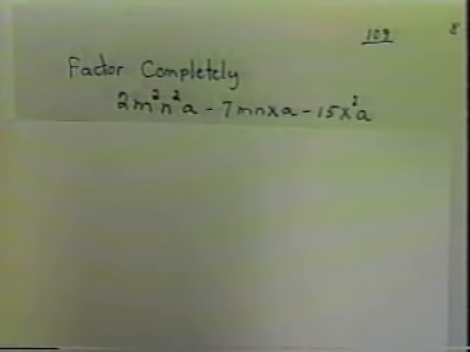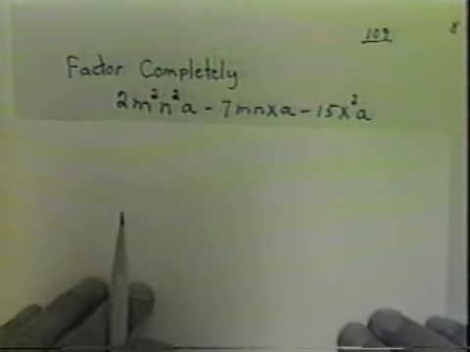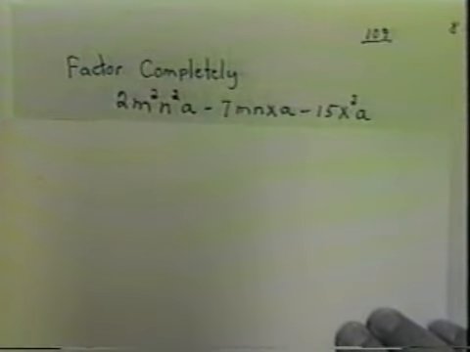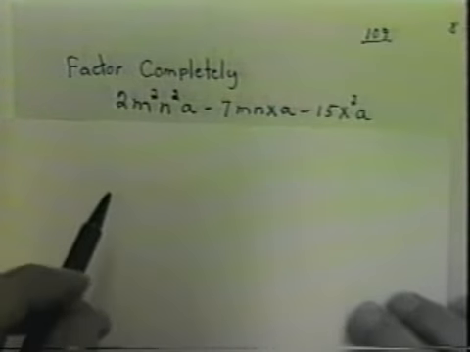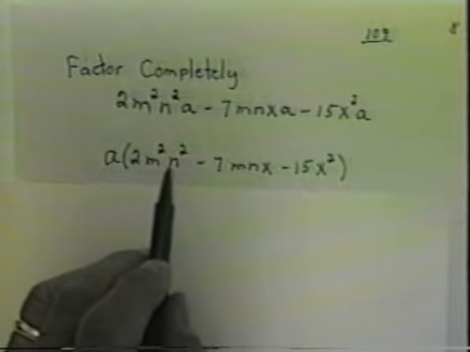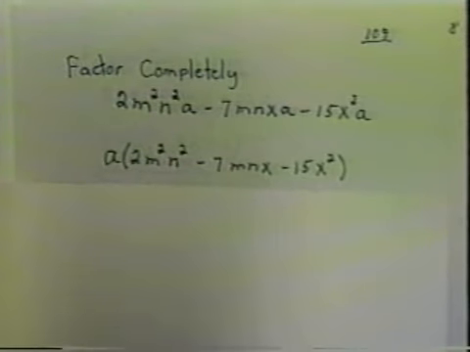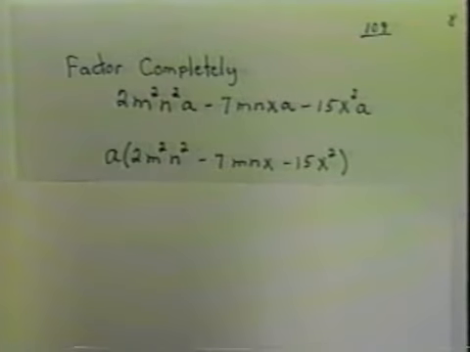Now the thing looks pretty bad, and it really is. But we're going to start systematically. The first thing I'm going to do is take out the common factor of a. So if I factor out the common factor of a, I'm left with a times 2m squared n squared minus 7mnx minus 15x squared.